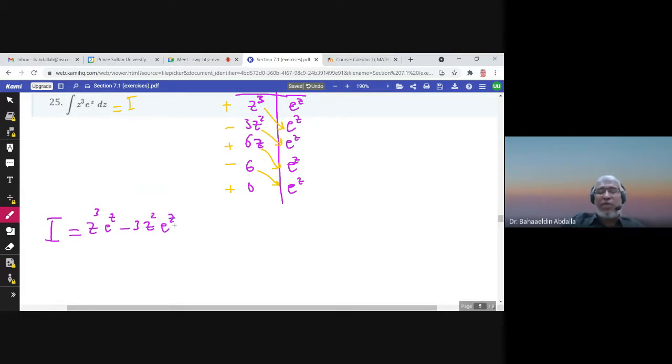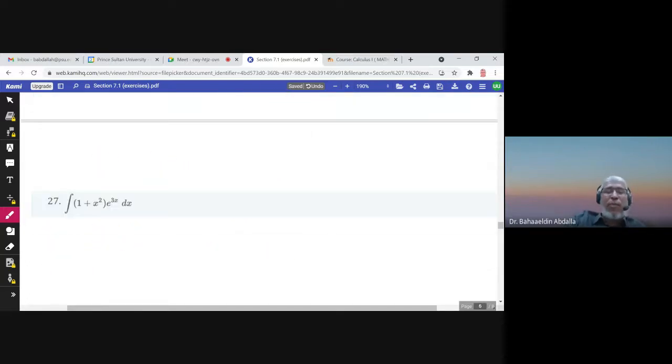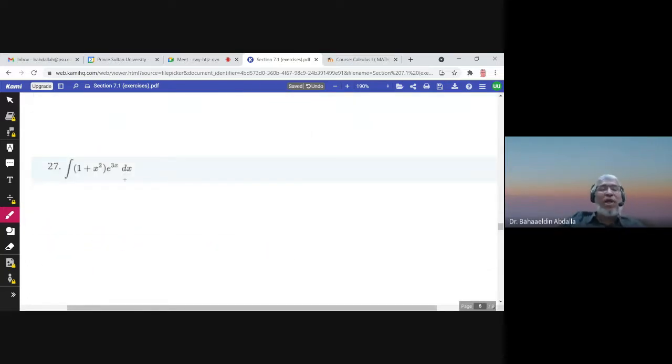We can take e^z as a common factor, by the way, plus 6z times e^z minus 6e^z plus c. So that's the integral.